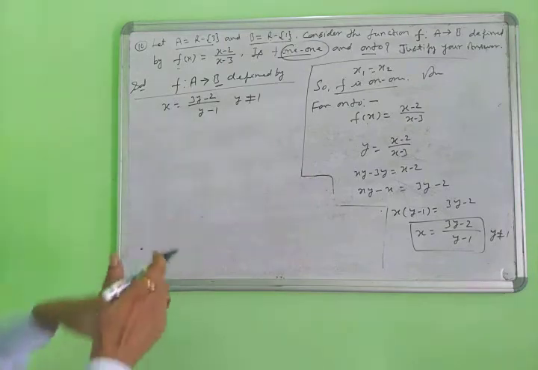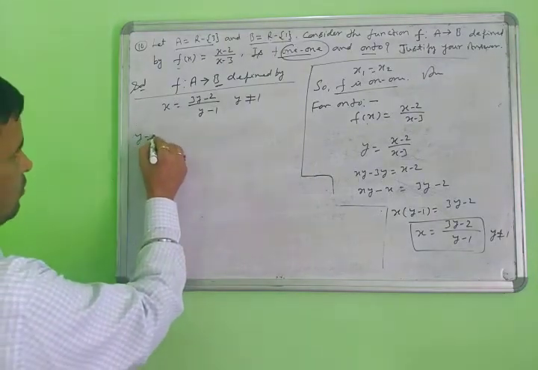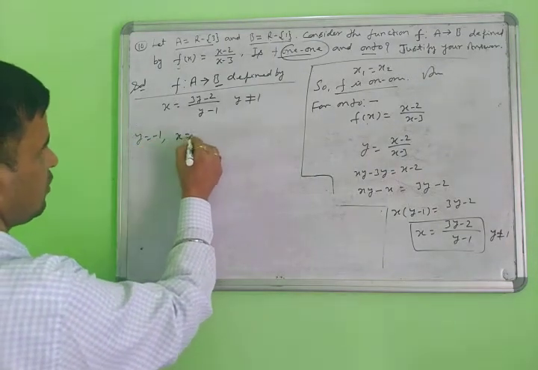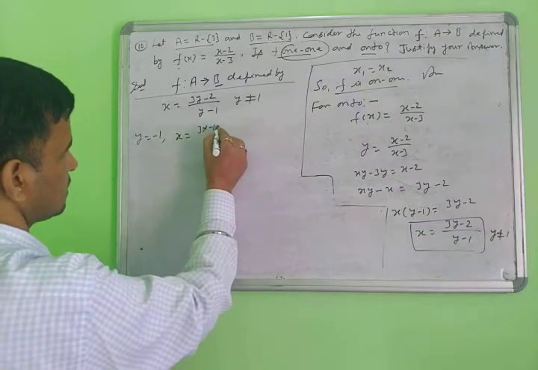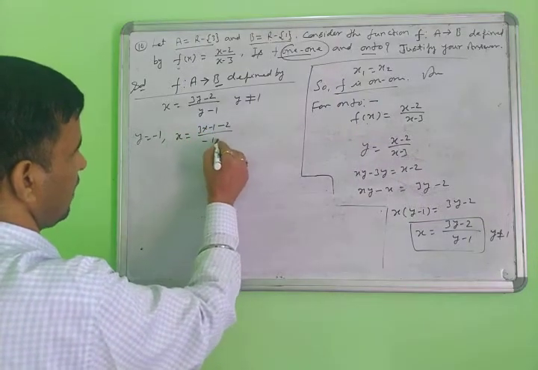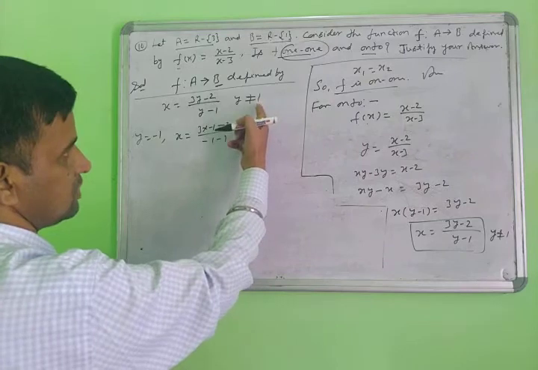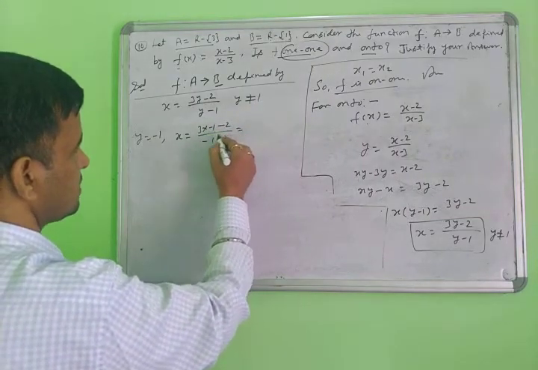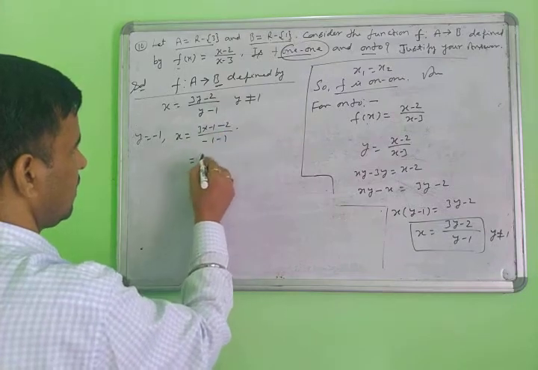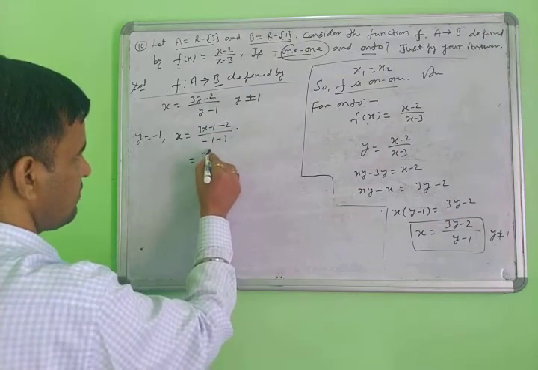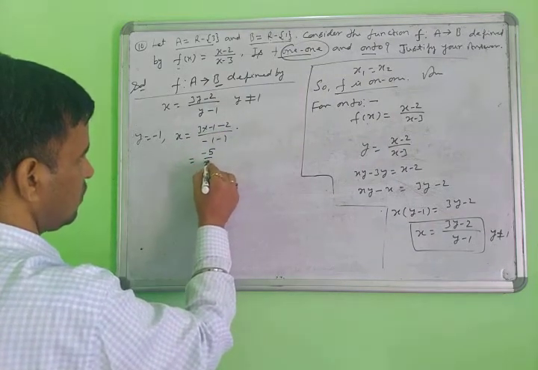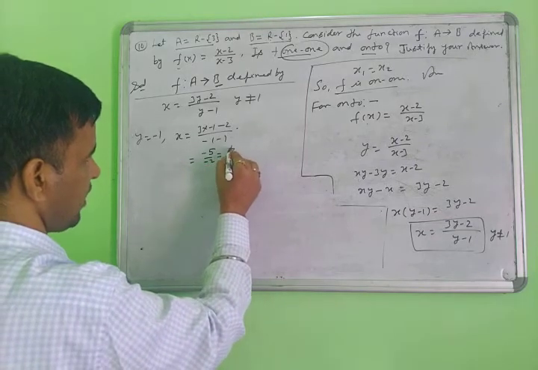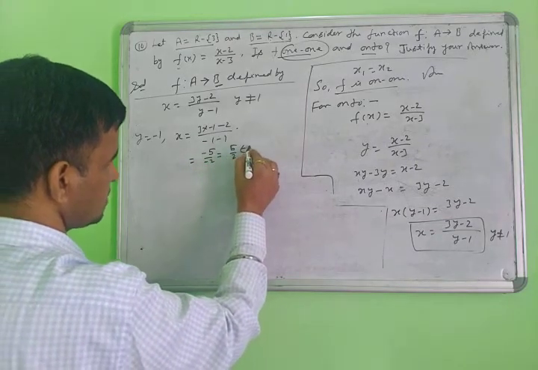Suppose you put y equal to minus 1. Then the value is 3 into minus 1 minus 2 upon minus 1 minus 1. What result comes? Minus 3 minus 2, that is minus 5 upon minus 2, which means 5 by 2. This is a real number.